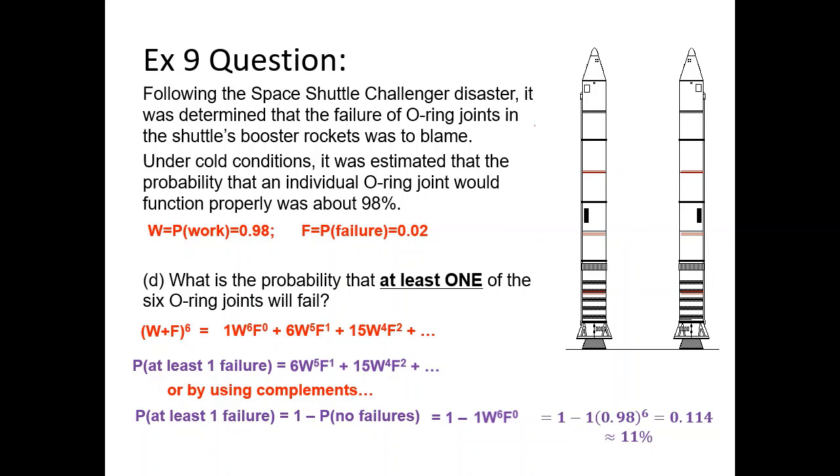So even though each O-ring joint has a 98% chance of working properly, and that seems pretty high, when you think about the fact that there are 6 O-ring joints, and for a successful launch of the shuttle you need all 6 to work properly, the probability that at least 1 fails is pretty darn high, 11%. Can you imagine, if you get in your car to drive to school and you have an 11% chance that your car would explode on your way to school, you probably would walk.